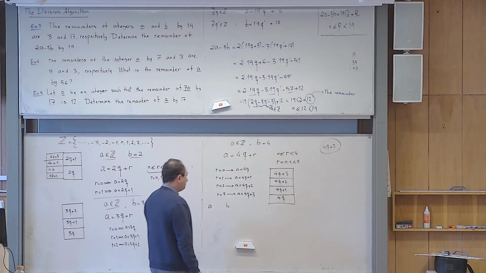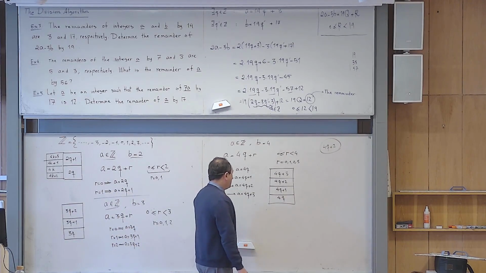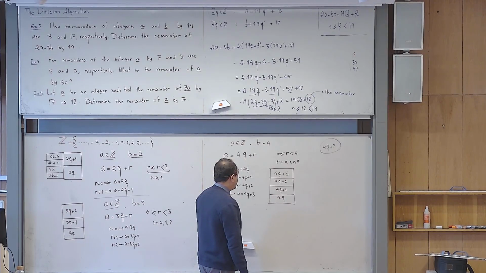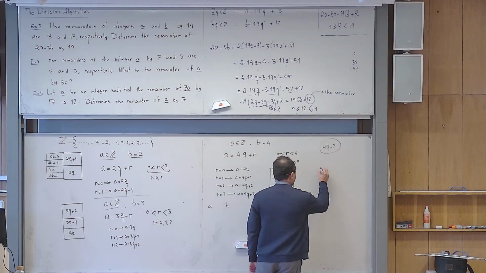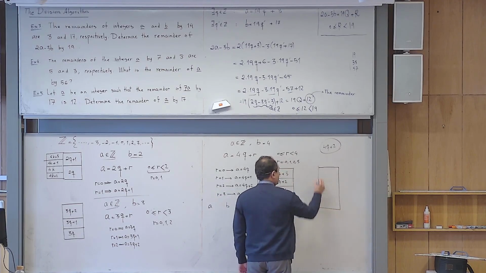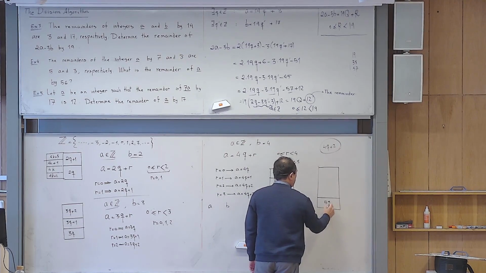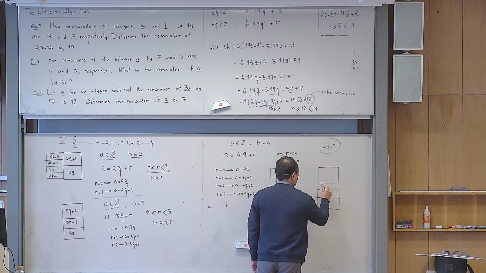Okay, so let me ask you a question. Let me write it for 5 as well. For 5, I don't want to write the details. The first floor is 5Q, the second floor is 5Q plus 1, the next one is 5Q plus 2, and then 5Q plus 3, and 5Q plus 4 is the last one. 1, 2, 3, 4, 5.